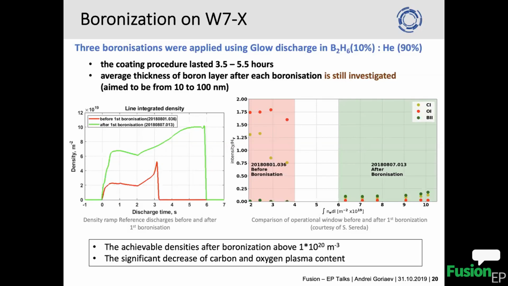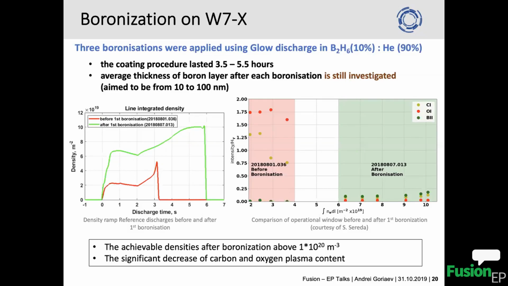This information is important when you want to understand the erosion rates of boron layers. As for the advantages of boronization, in the case of W7-X, it was really successful. First of all, due to the reduction of oxygen, we could reach high density.